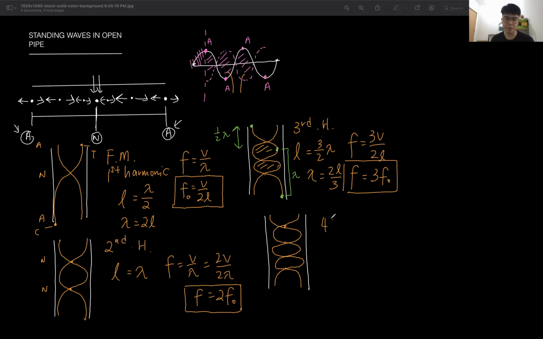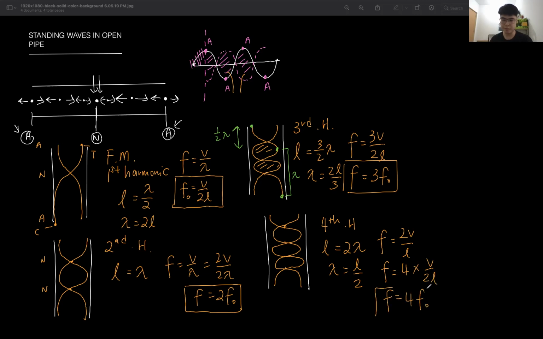Okay, so fourth harmonic, length is 2 lambda, and frequency is equal to 2V over L. Okay, we change it. We have 4 times V over 2L, and that is 4 times the fundamental.